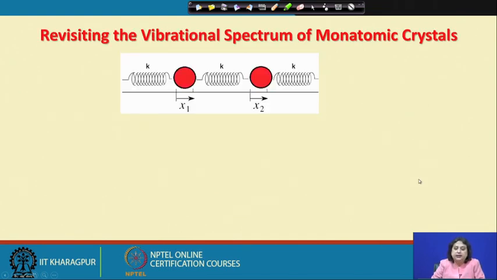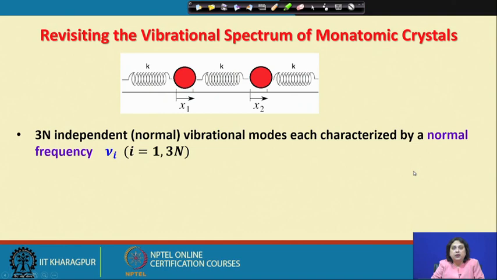So, if I look at the vibrational spectrum of a monatomic crystal, typically in each dimension I would represent the constituent atoms by connecting them in a direction using a simple harmonic spring. And I would say that if there are 3n independent vibrational modes, they are going to be represented by this kind of ball and spring representation. And let me replace that single Einstein frequency by a normal frequency nu i for each of the 3n modes present in the system.